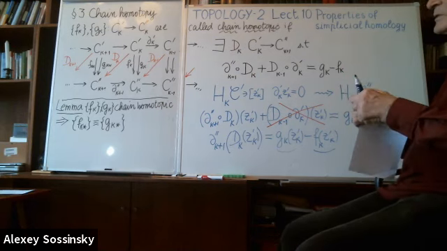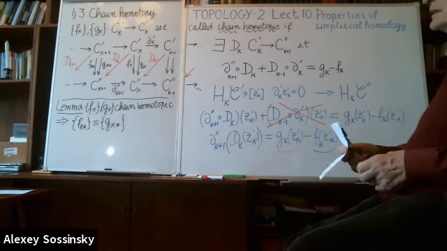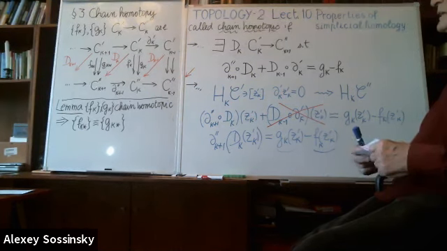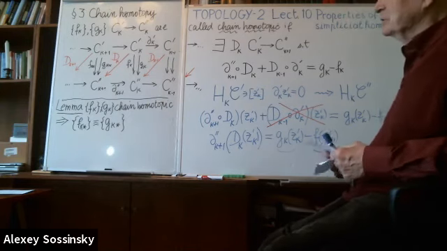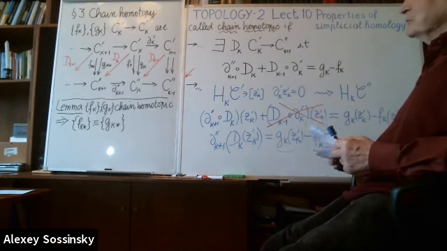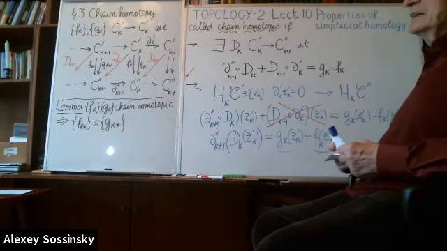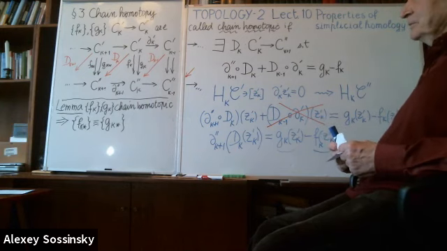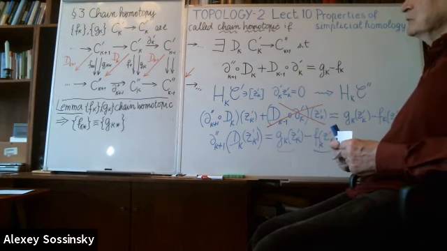let me explain how it's going to work. Well, we know that we have proved, if we have constructed a chain homotopy for simplicial complexes, then we are able to prove that the two induced homomorphisms of homology groups coincide.